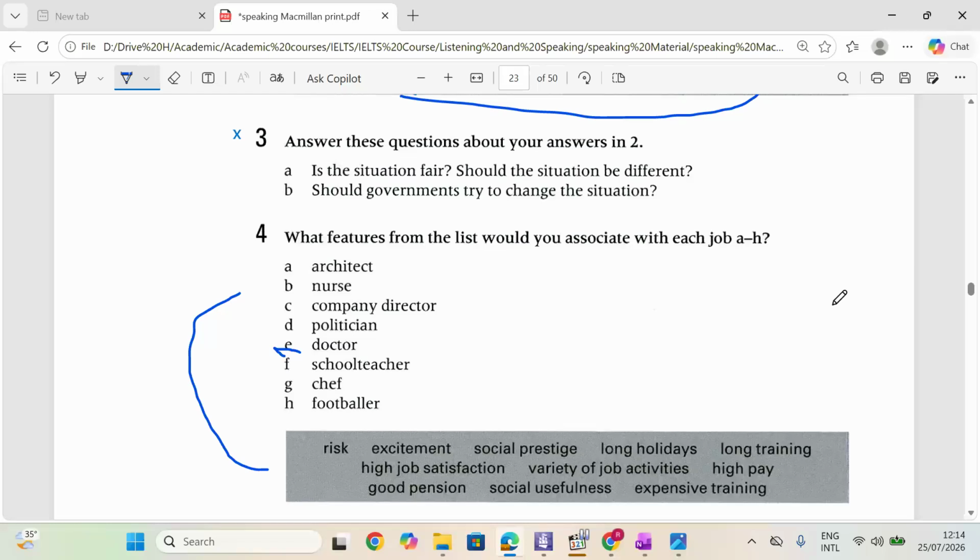Okay, can you describe the job of a teacher, school teacher? The job of a teacher benefits from strong social usefulness along with long holidays, and if the teacher is very qualified, it could be having a high salary.